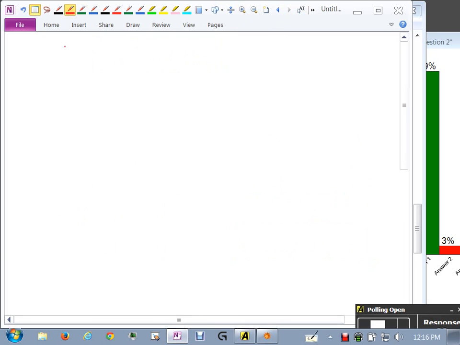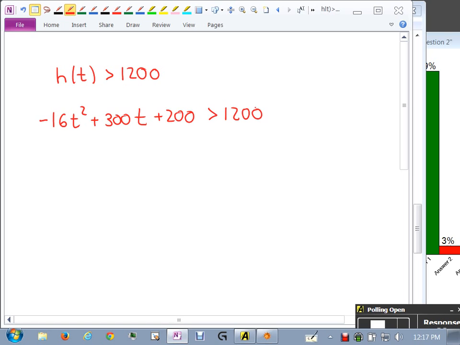So what we'd be saying is this. When is our height function greater than, not greater than or equal to, 1,200 feet? What was the height function again from that bridge problem? Negative 16 t squared plus 300t plus 200 is greater than 1,200. That's what this problem breaks down to be.